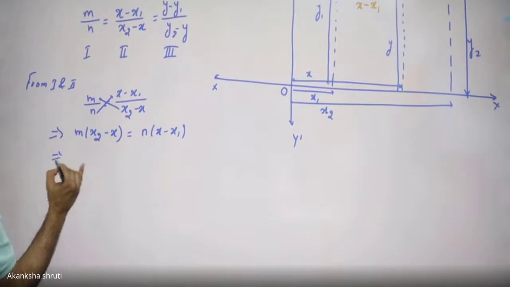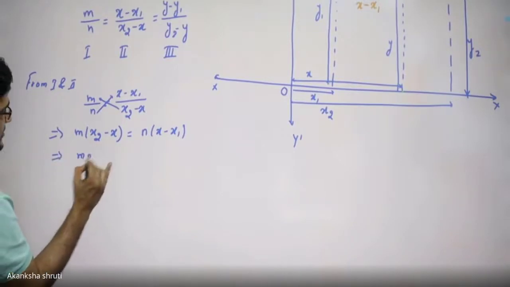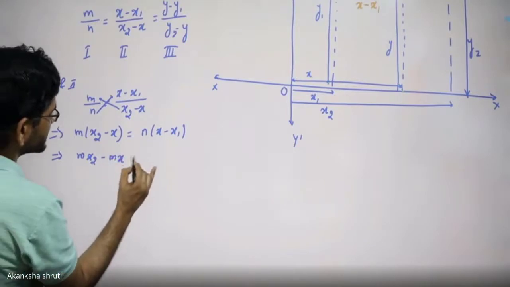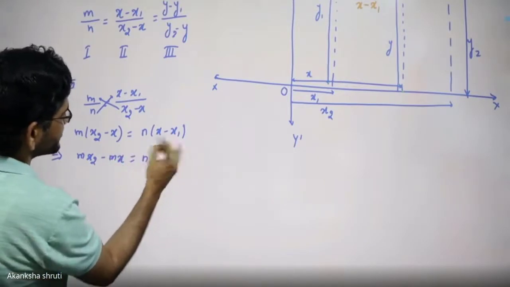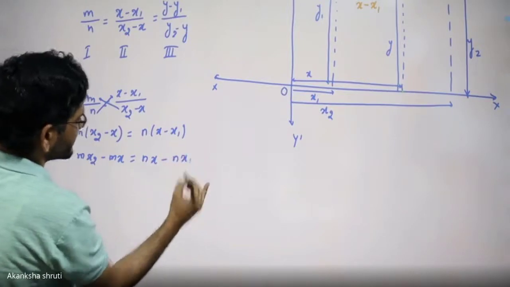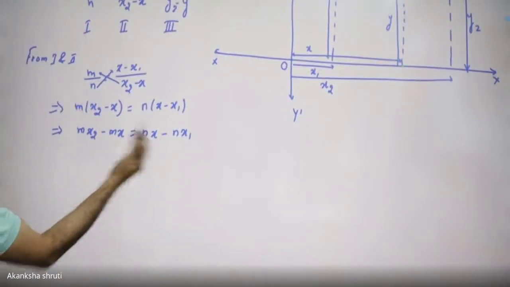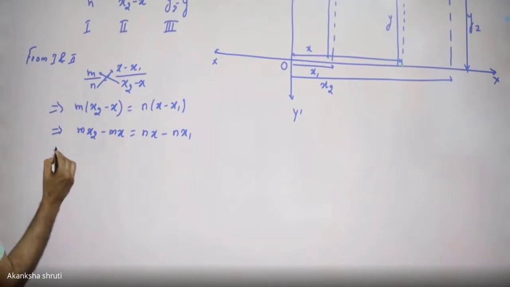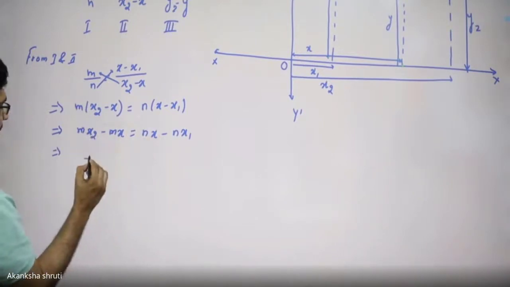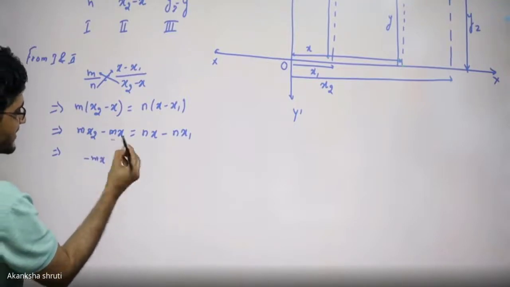Students, open this. It is like MX2 minus MX is equal to NX minus NX1. Now we can bring all the X on the same side and Y on the same side. We are free to bring this X, so minus of MX, X is here, X is here.